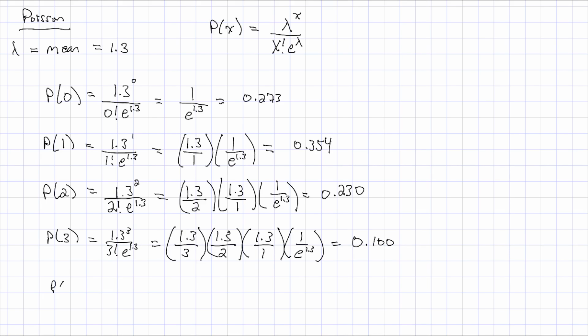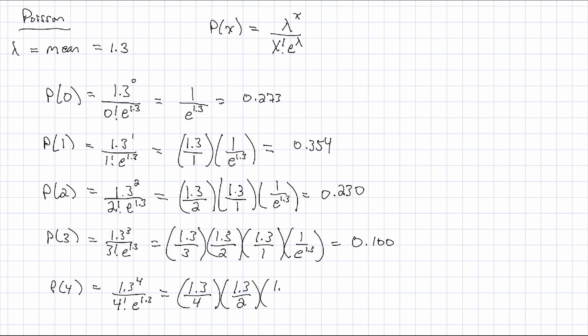And lastly, P of 4, which is the same thing. 4 factorial times e to the 1.3, which is the previous answer times lambda over 4. 1.3 over 1 and 1 over e to the lambda, and 0.032.